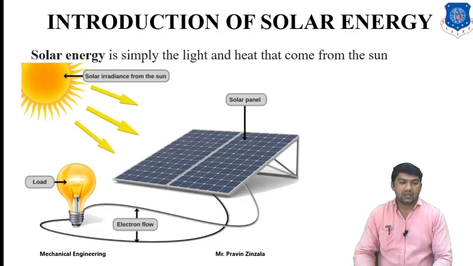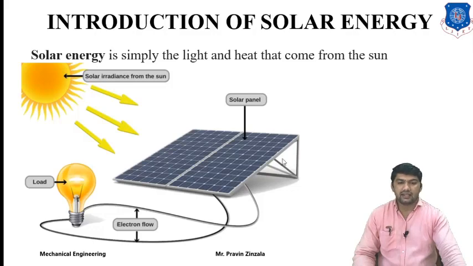There is a large distance between the sun and earth, so the intensity is different at different heights. At the top of the atmosphere, we receive the maximum solar radiation. After that, at Earth's surface, we receive the average intensity. The solar energy received per meter square is called the solar constant.